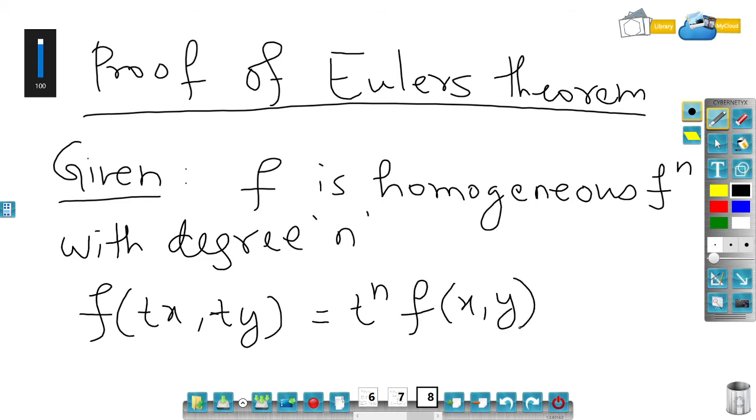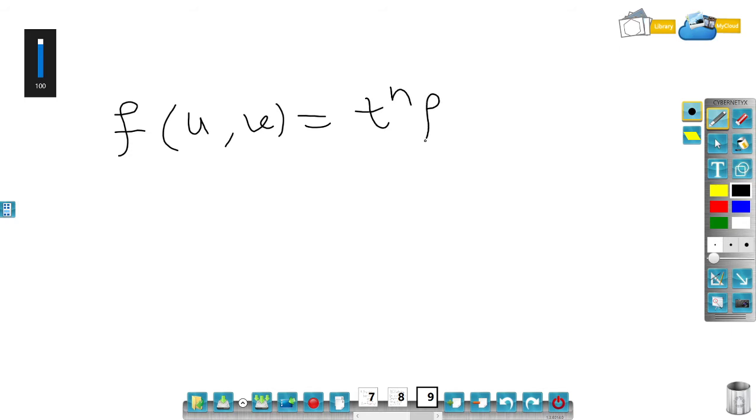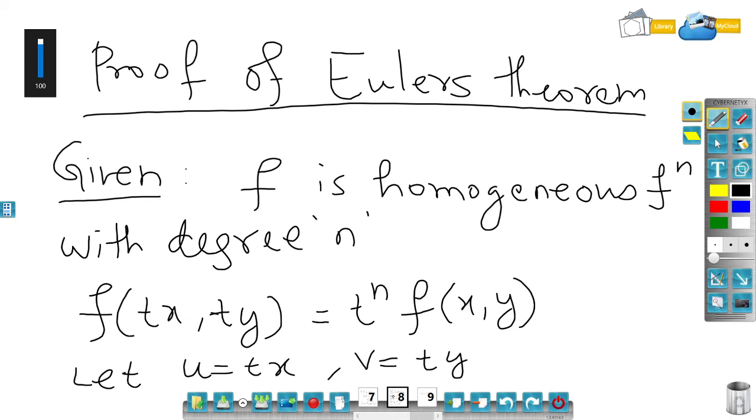Now what I will do is as follows. Let u equal to tx and v equal to ty. So how will the function look? It will look as follows: f of u comma v is equal to t raised to n f of x comma y.